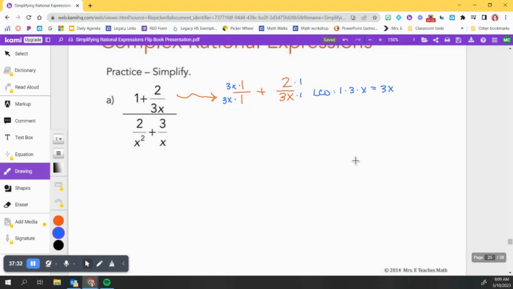So really it's nothing. So it's 3x first. So our denominator for this one is 3x. Our numerator is 3x times 1, so 3x, plus 2 times 1 is 2. That's my numerator.